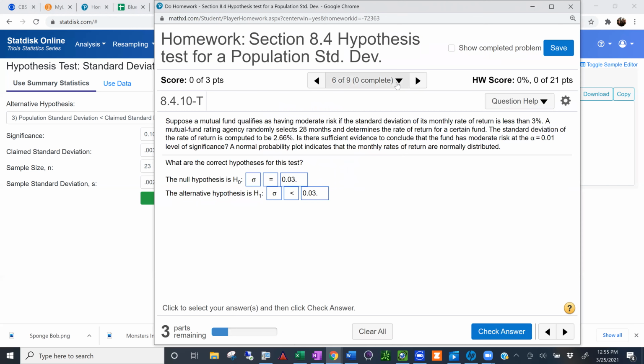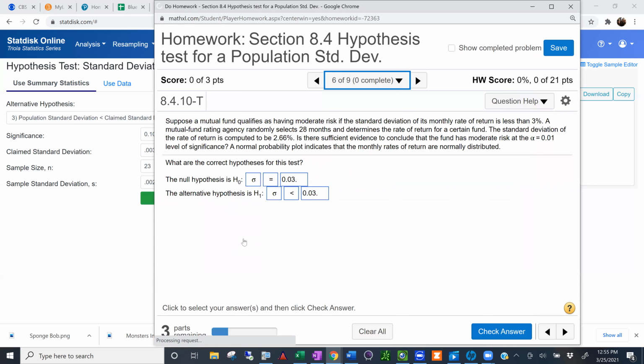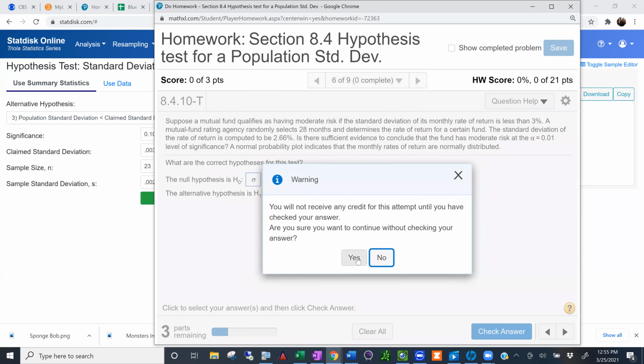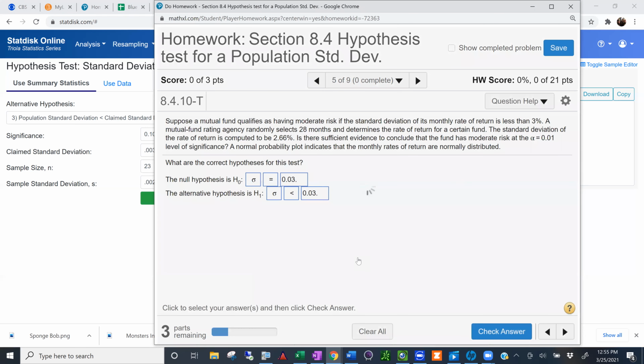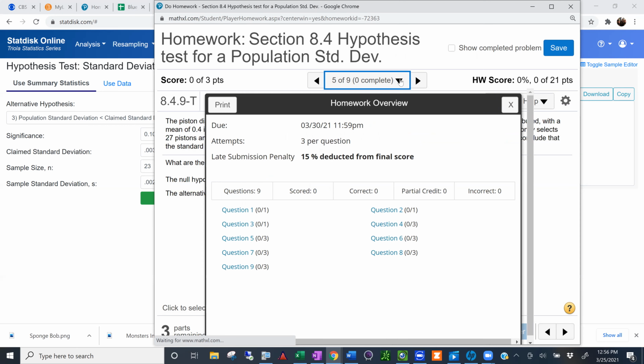Here's problem number 5. Let's do problem number 5. I'm talking about the one that has the data, where you have to copy the data. Which one is it that has the data?